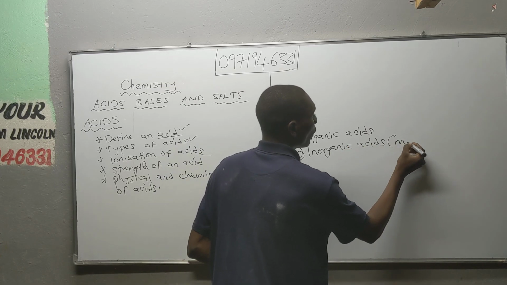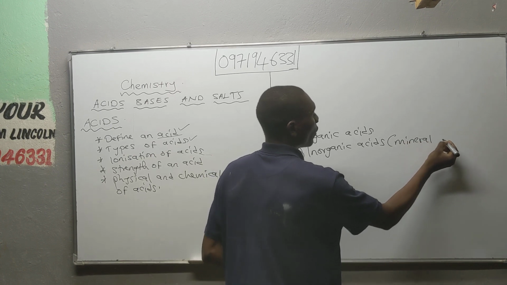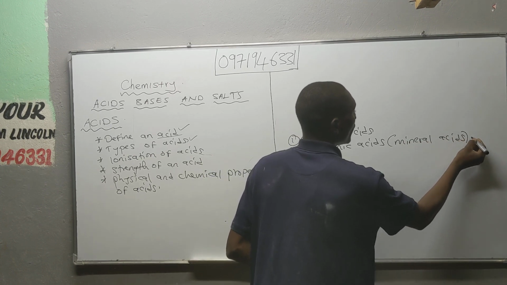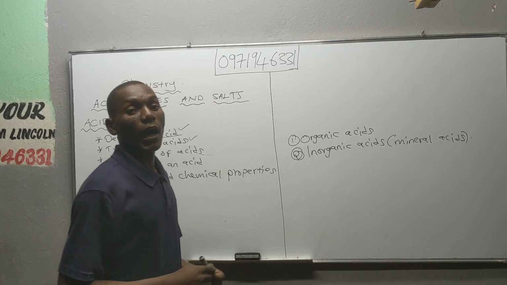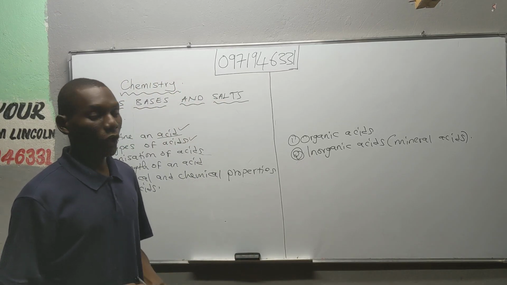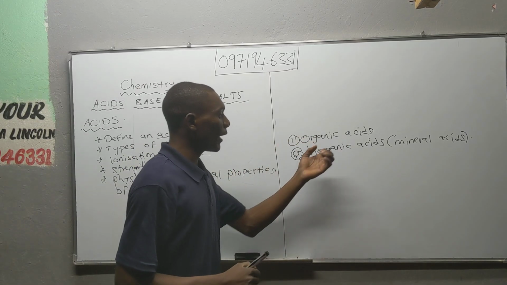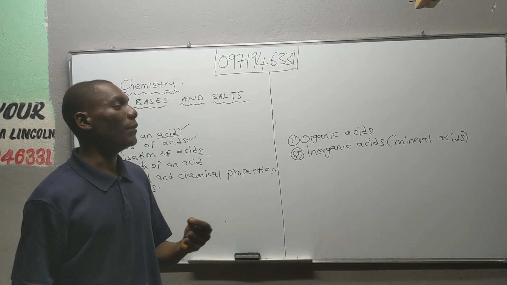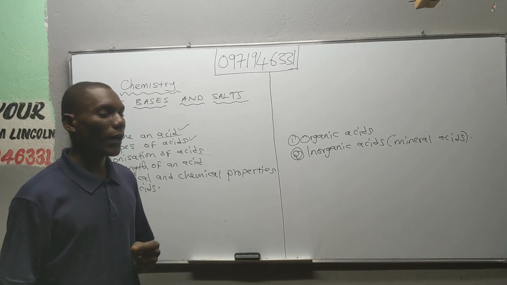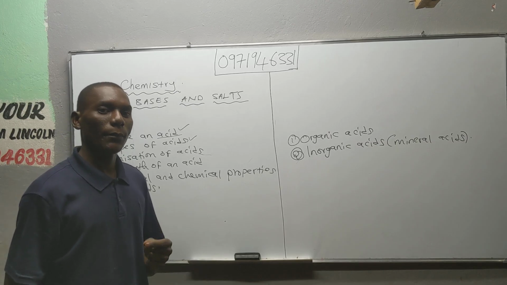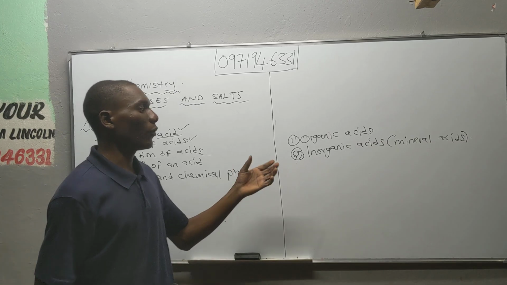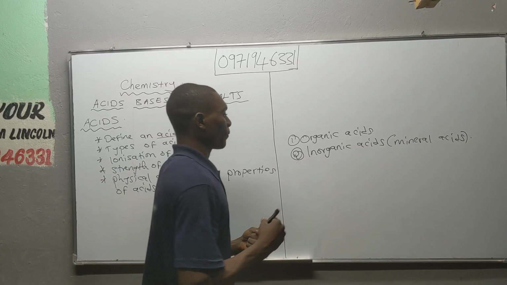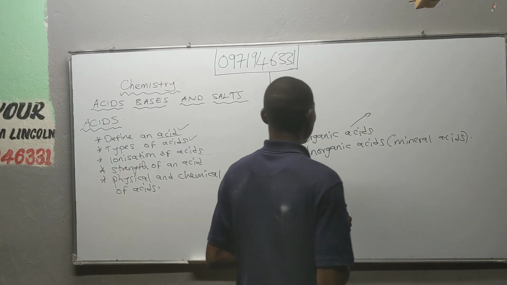Inorganic acids are also known as mineral acids. So you need to know the difference between these 2 types of acids. Remember, where you are seated, get a book and a pen and write down the notes as I am explaining. So let's start with organic acids.